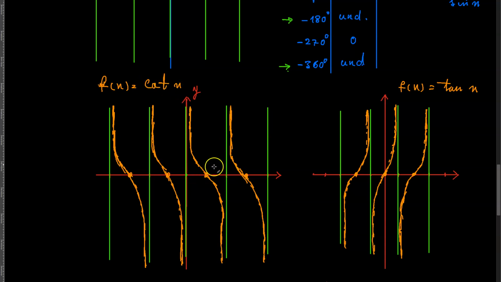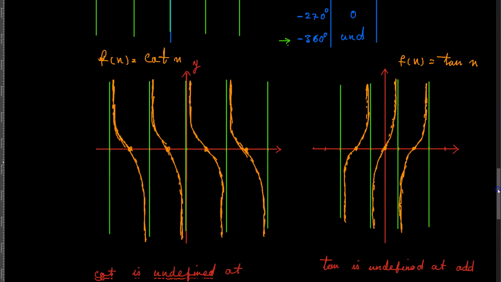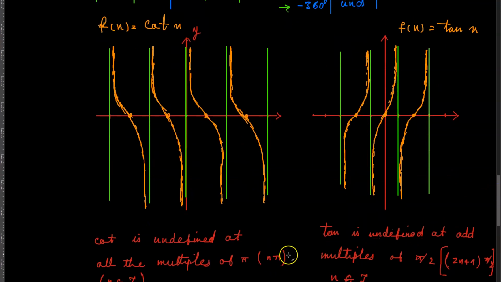Now you can see that this function, every pi by 2 units, first of all, you can see that the function is not defined at multiples of pi.